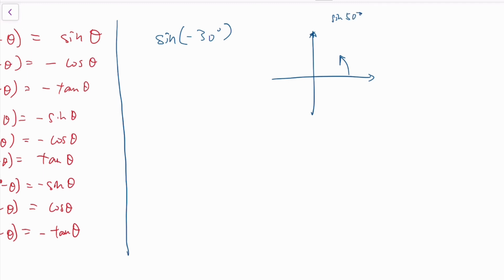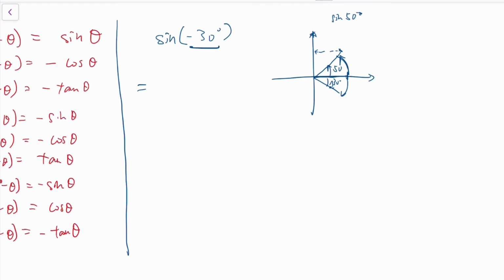If you want to find the value of sine 50, what I said is you find a length 1, and then you rotate it by 50 degrees anti-clockwise. We have been rotating in that direction, and then you look for the y coordinate. But what would be the meaning of a negative angle? It simply means you turn clockwise. That's known as negative 30.